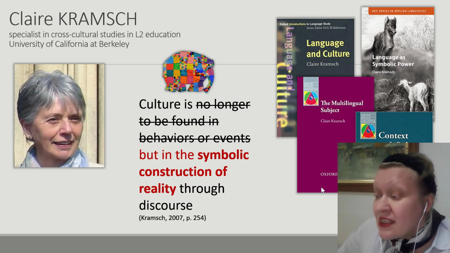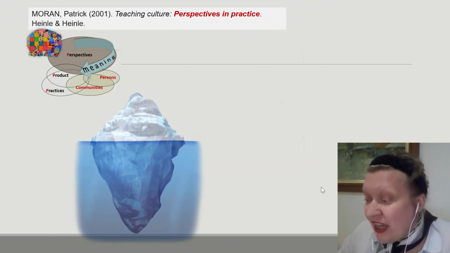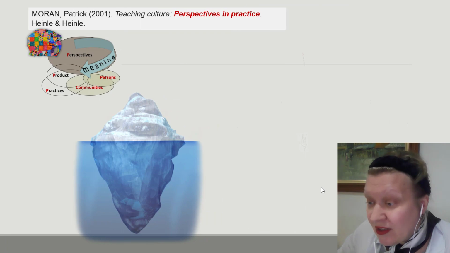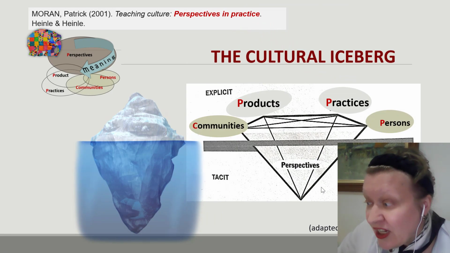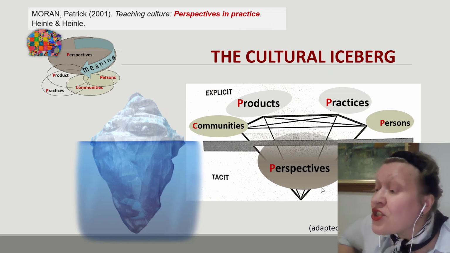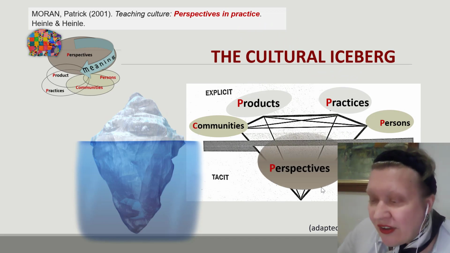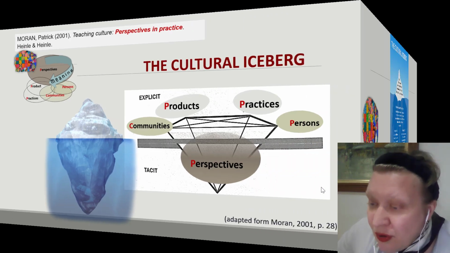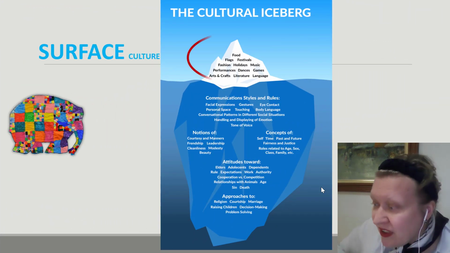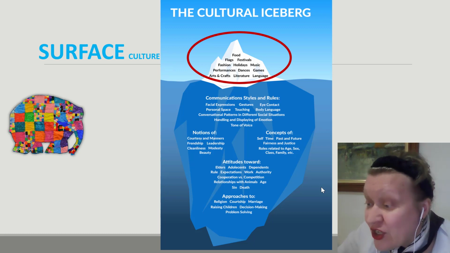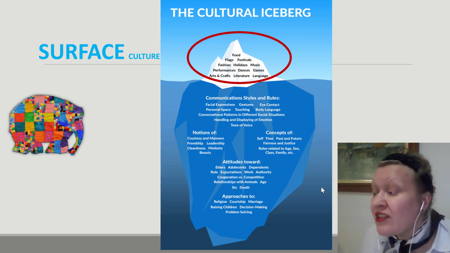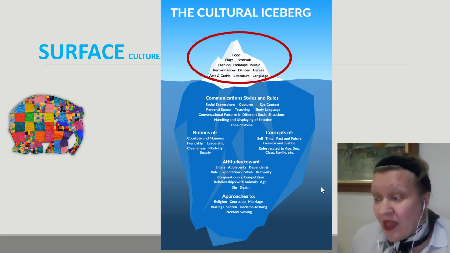Some specialists in second language education, Patrick Moran included, use a visual metaphor of an iceberg to explain the relationship between values and other cultural aspects. Surface culture, explicit cultural manifestations such as food, flags, fashion, holidays, music, dances, art and craft, literature, languages, represent the tip of the iceberg.